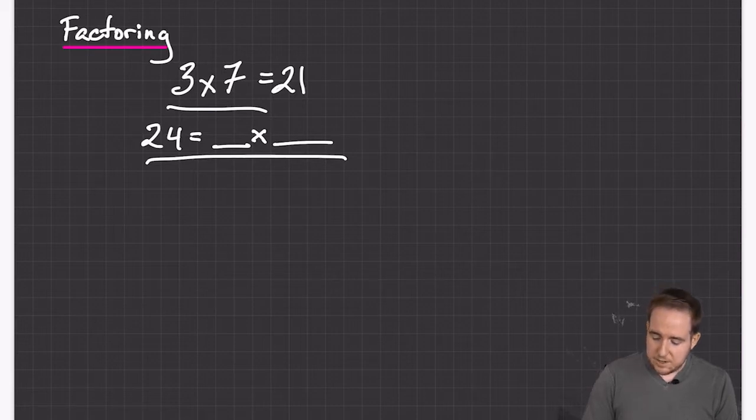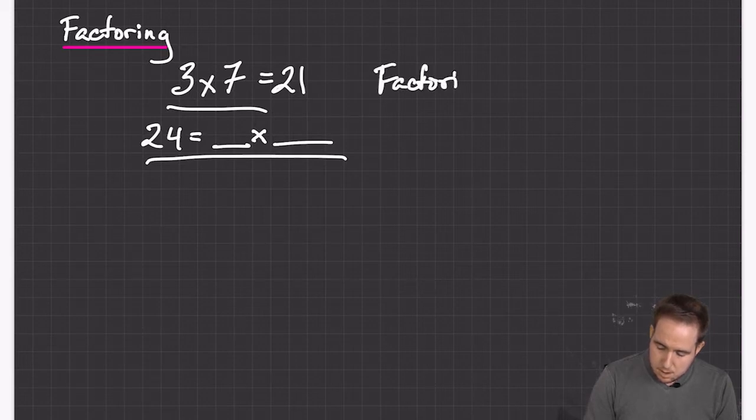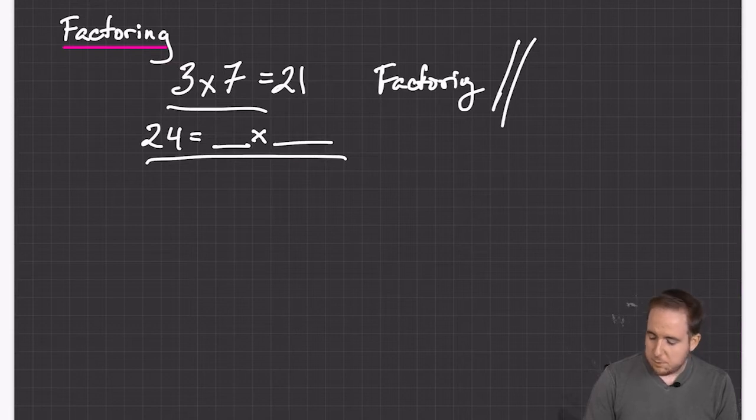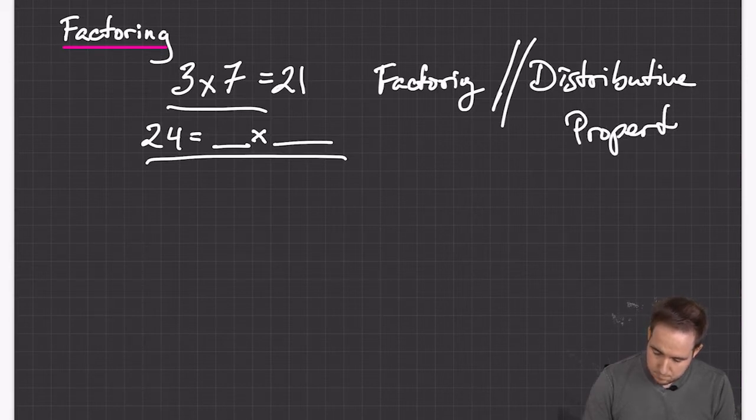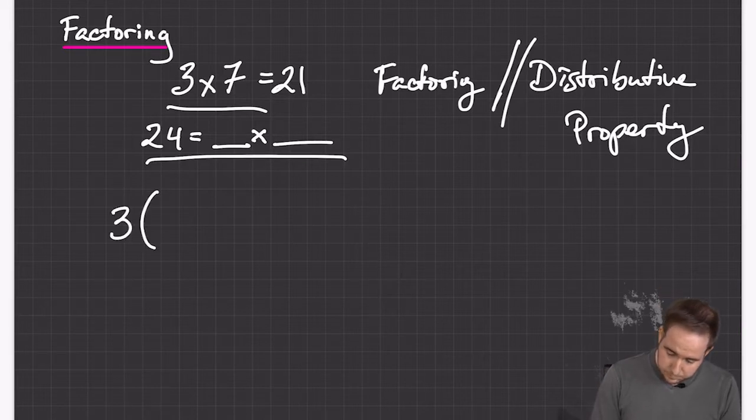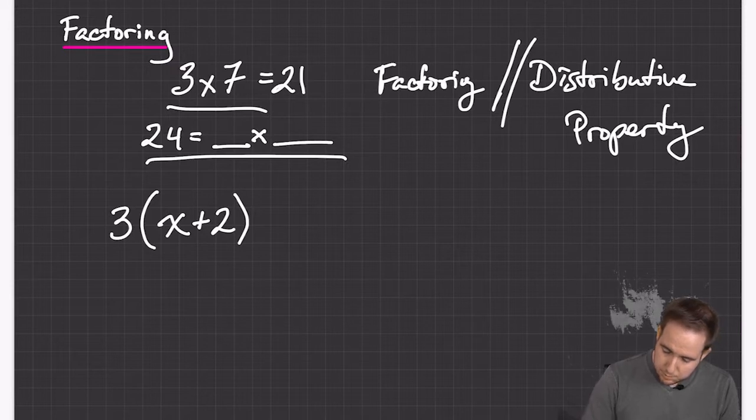So factoring is the opposite of, or is contrasted with, the distributive property. So questions like this, which you can answer this way.